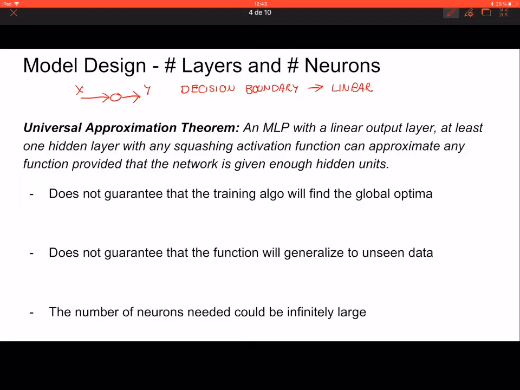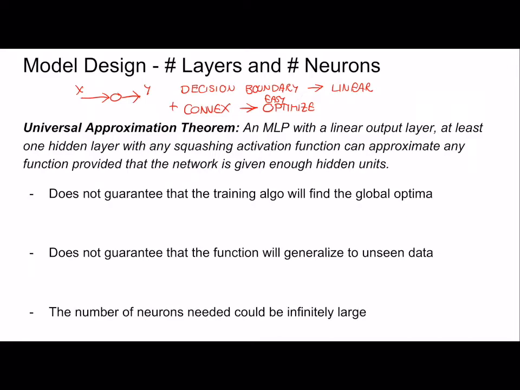One good thing is that the problem becomes convex and easy to optimize. But in general, one single neuron is not very practical because we can only get linear decision boundaries.